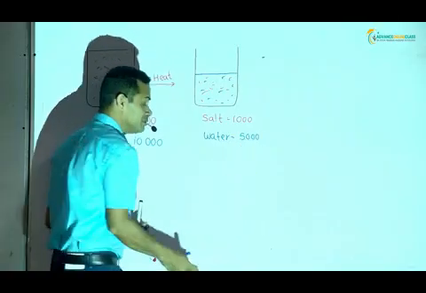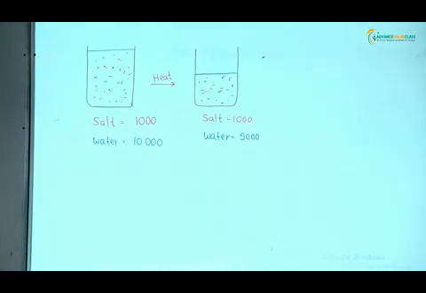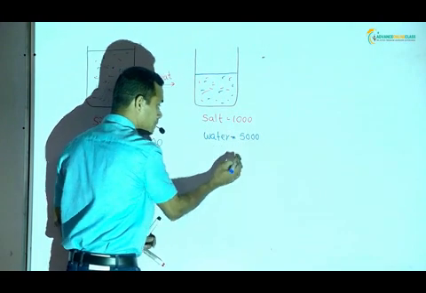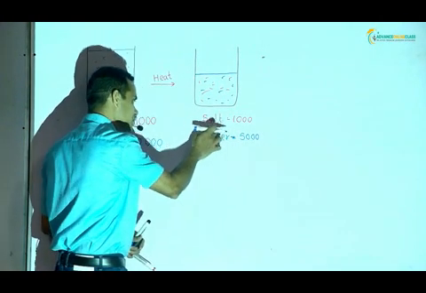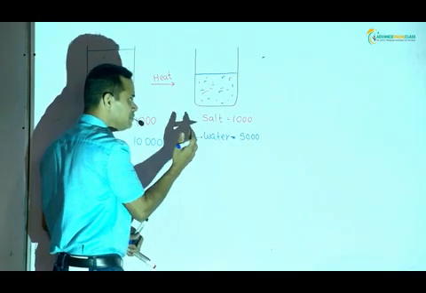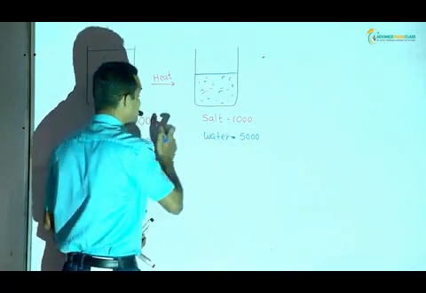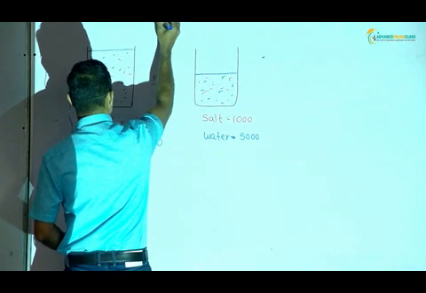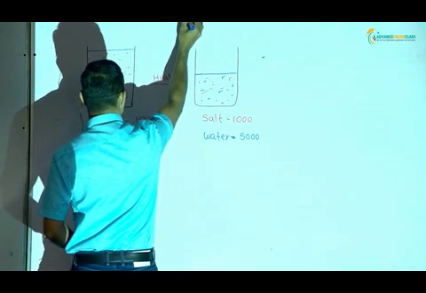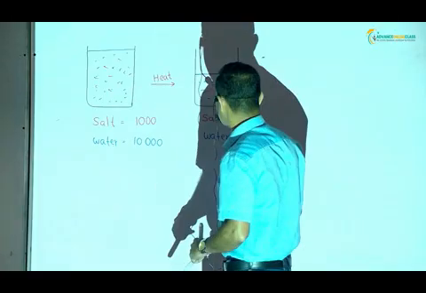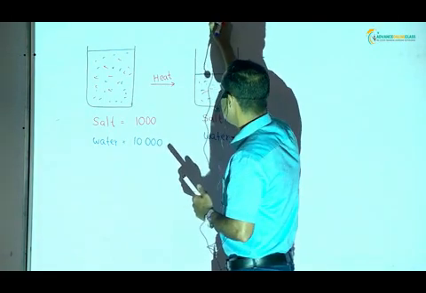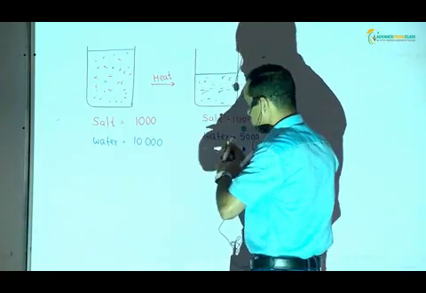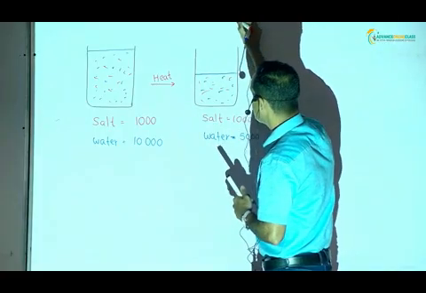And if we assume solubility, what is solubility? The amount of solute soluble in 100 grams of the solvent. Say we need minimum 5,000 water to dissolve 1000 salt.